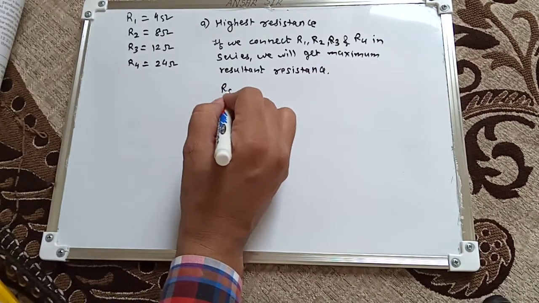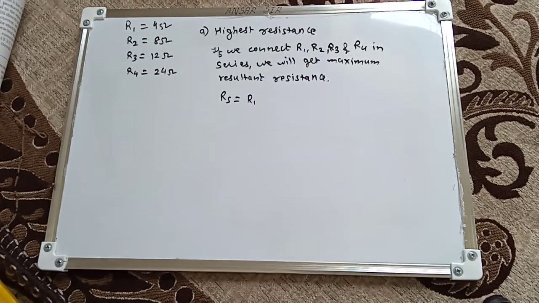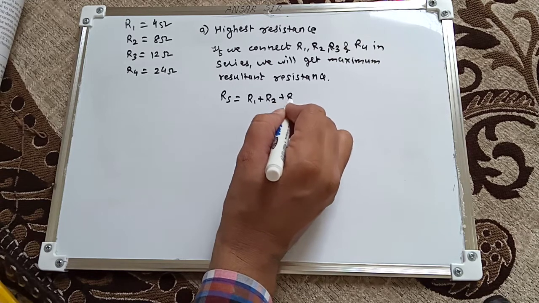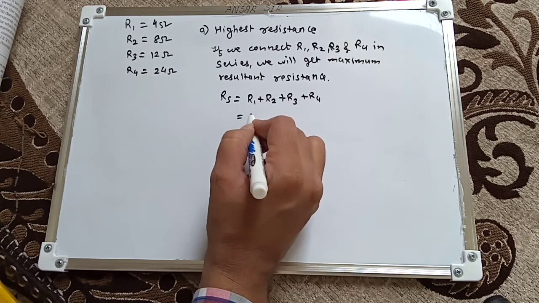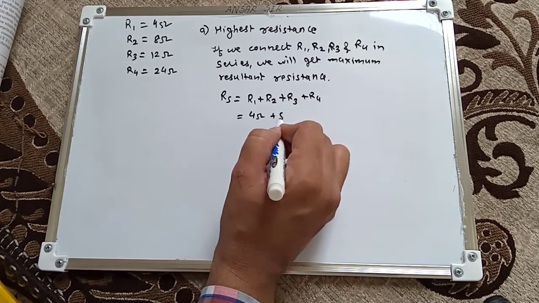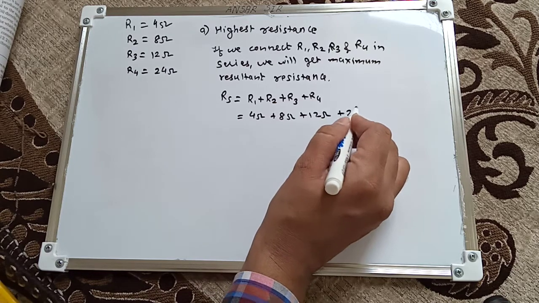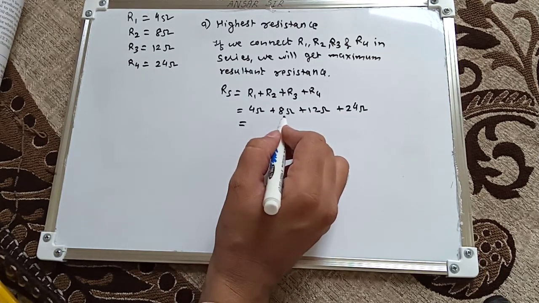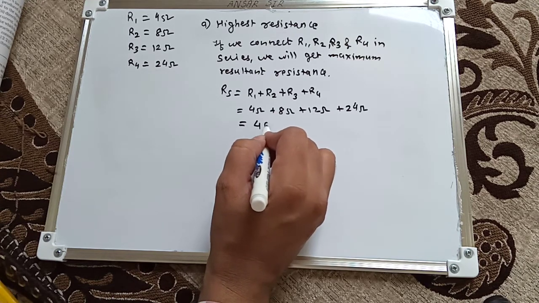So the resultant resistance will be Rs is equal to R1 plus R2 plus R3 plus R4, and simply we will add the values 4 ohm plus 8 ohm plus 12 ohm plus 24 ohm. And what is their sum? 8 plus 4 is 12, 12 plus 12, 24, 24 plus 24 is 48 ohms.